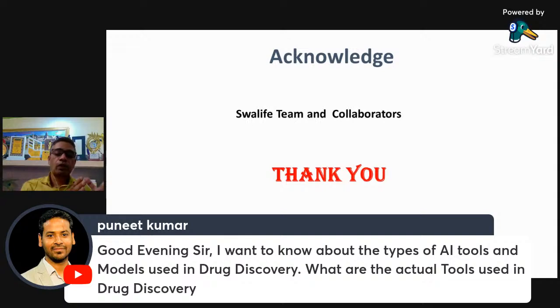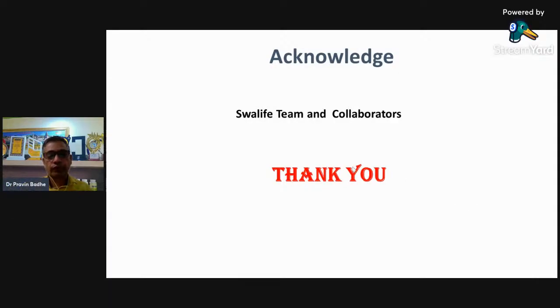If you are thinking of AI from basic research, there are different tools. I mentioned drug discovery from target identification till lead optimization, and in all those phases there are different AI tools. Some are proprietary, some are open source, and they can be utilized. So I will just show you a couple of tools which Swalife has developed.